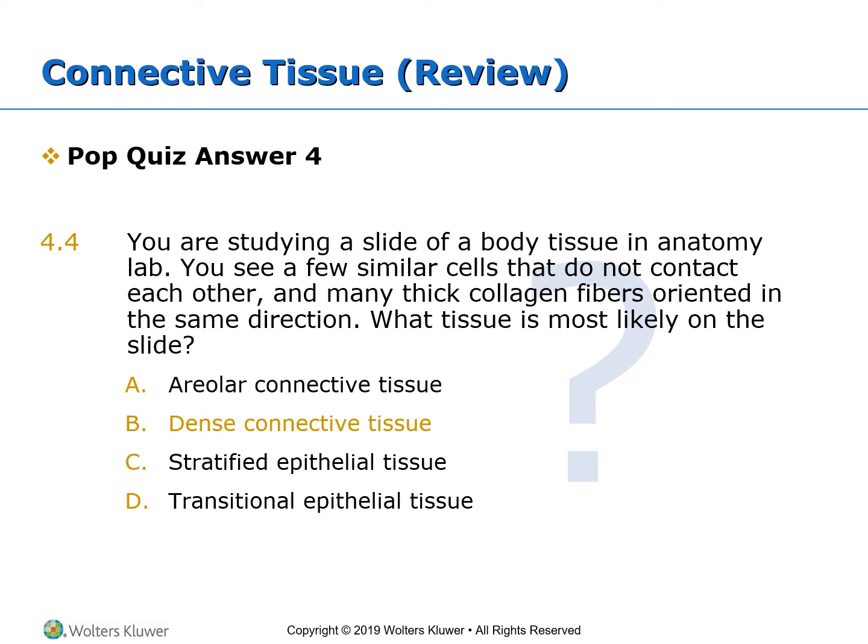Now, I have two options that contain connective tissue, option A and B. Option A says areolar, and option B says dense. If I'm looking at the question again, and I see many thick fibers oriented in the same direction, it cannot be areolar because that's a loose connective tissue. That will not have the fibers oriented in the same direction, but kind of dispersed everywhere.